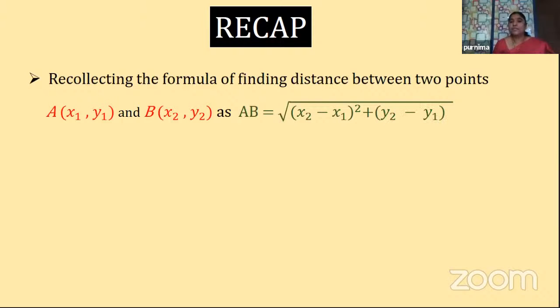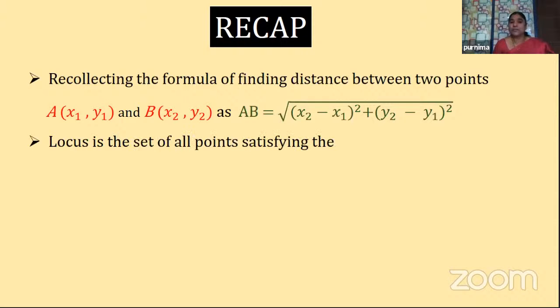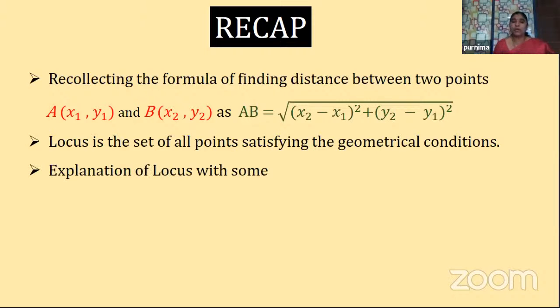So this is the distance between 2 points formula. The second one is that locus is the set of all points satisfying the geometrical conditions. So it is the definition of locus that we have learned.